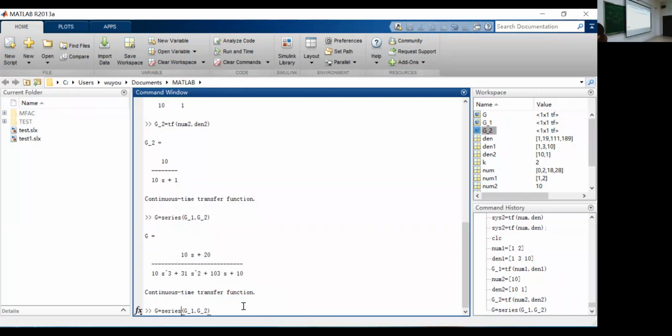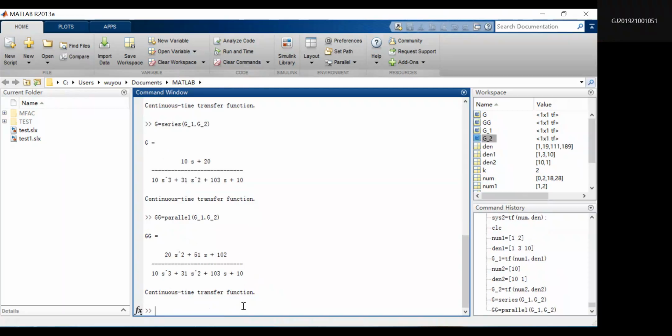Maybe we name it GG. Final transfer function is just parallel of G1 and G2. Easy? Yes, so easy. Done. So you know how to do in series and in parallel.